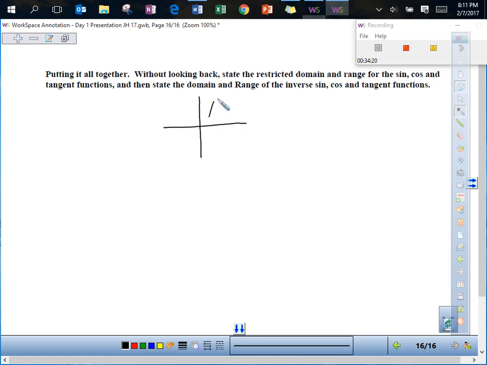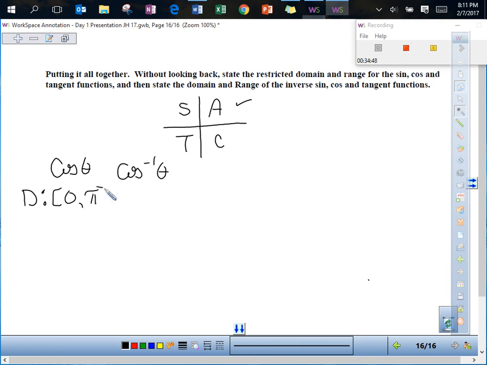Think about all students take calculus. If I'm dealing with the cosine graph and the inverse cosine graph, the restricted domain of the cosine come up here. You got to use the first quadrant, and you can't use the fourth quadrant, so you got to use the second. So your restricted domain is going to be 0 to pi.